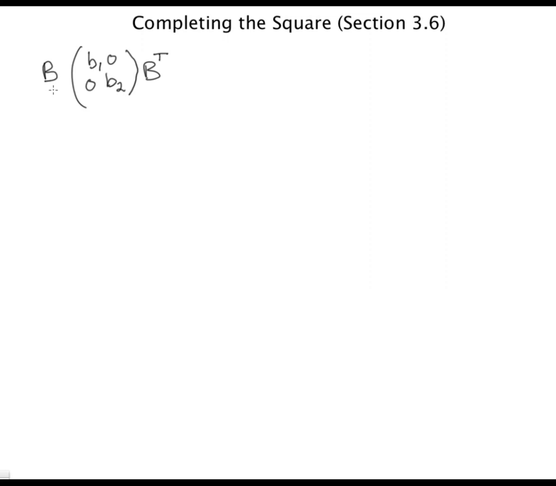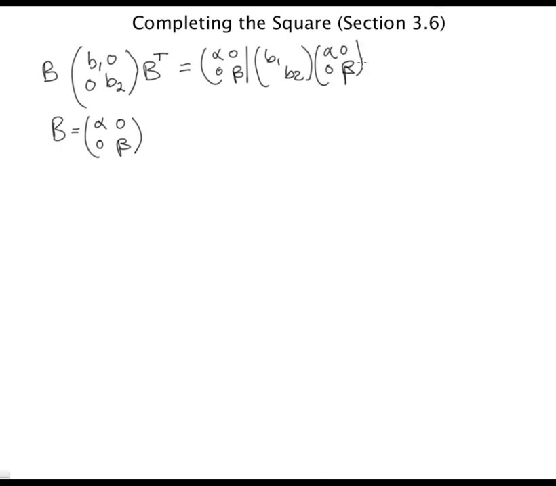But it doesn't have to be, and in particular, I could take the matrix to be diagonal. So it could be alpha, beta down the diagonal. And if you use that, then this becomes alpha 0, 0 beta times B1, B2. And then the transpose, well, it transposes itself. And what you get is alpha squared B1, 0, 0, beta squared B2.